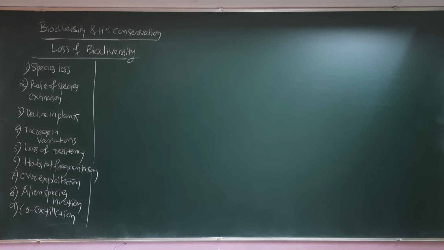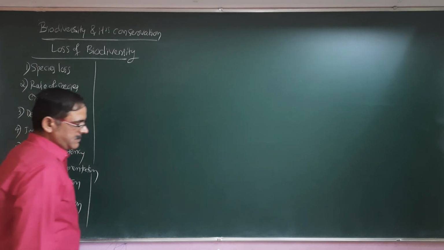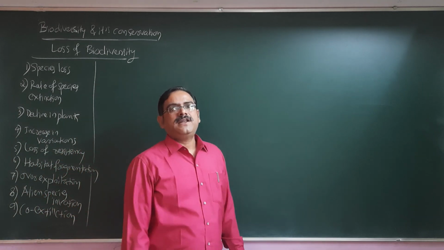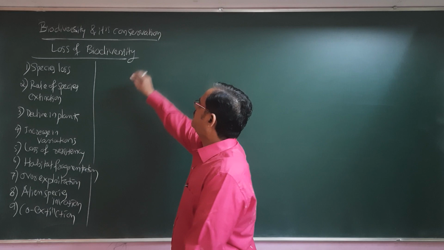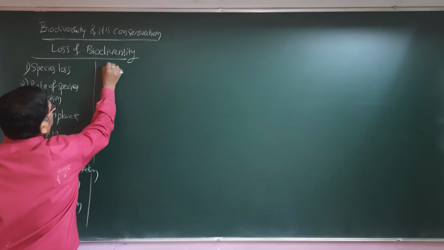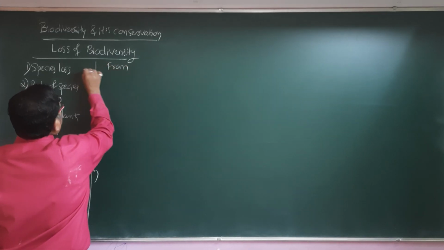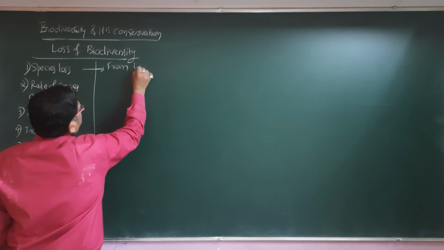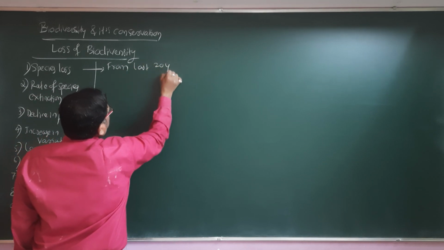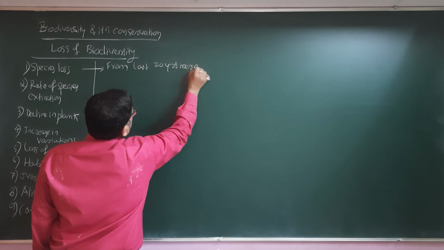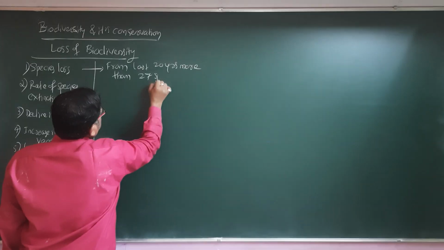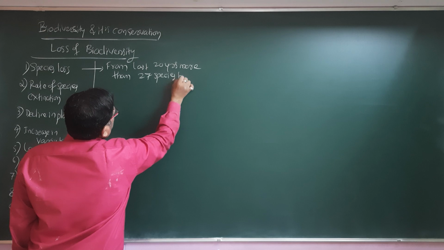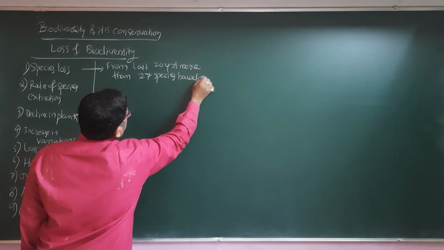Species loss has been studied by a number of ecologists. What they say is that from the last 20 years, more than 27 species have been lost.